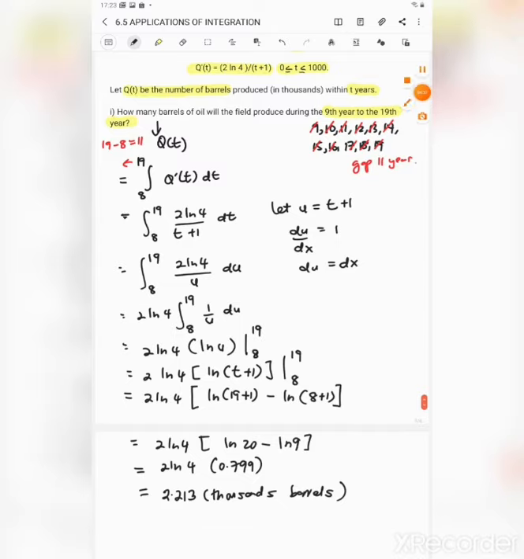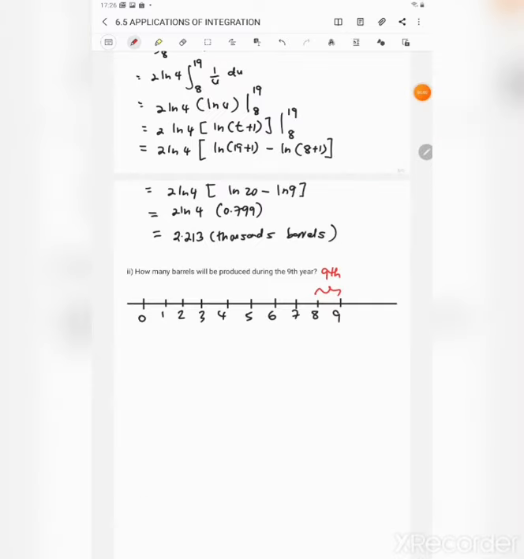Hope you understand. Question 2. How many barrels will be produced during the 9th year? To find the number of barrels, you have to integrate. So you write the integral form, and then we focus on finding the limit.